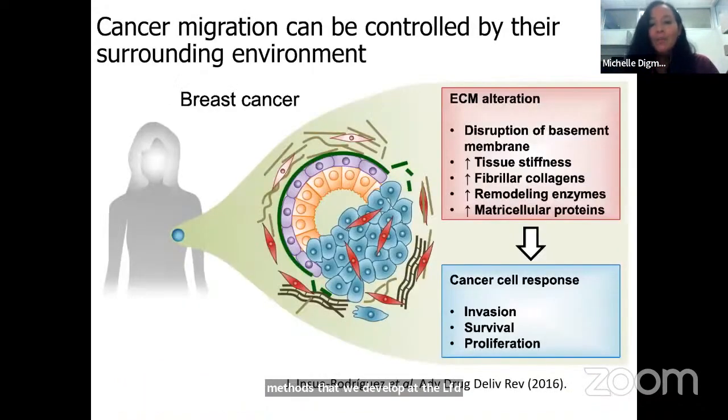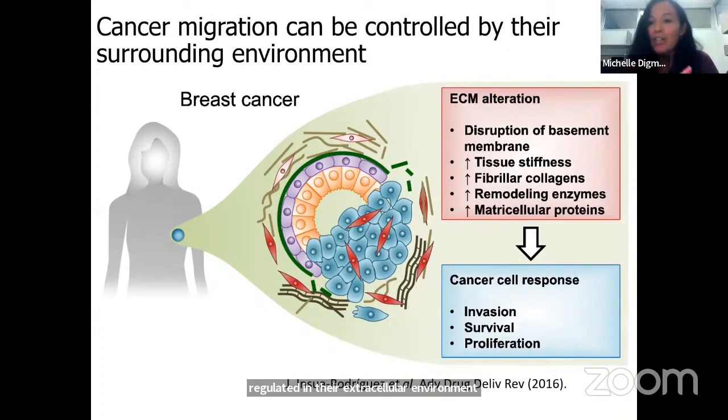years. So my lab is really interested in cell migration, and we had several different questions about how cells are regulated in their extracellular environment, and they're controlled by their surrounding environment.